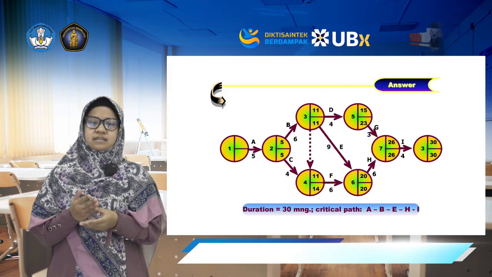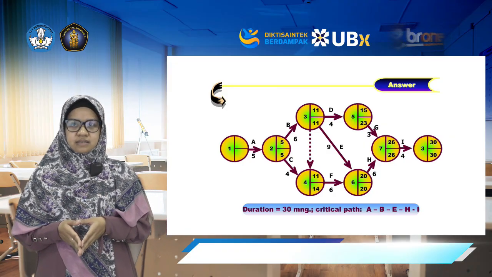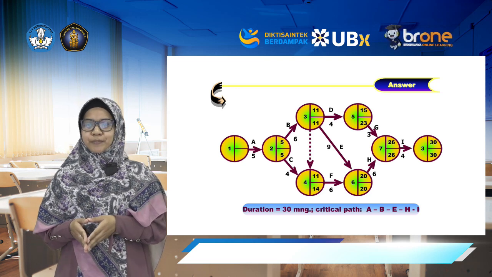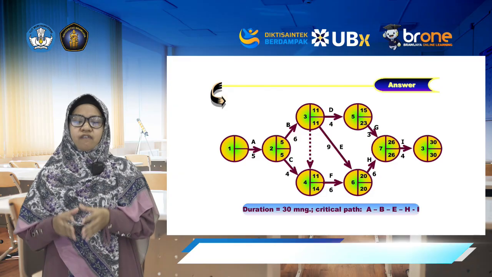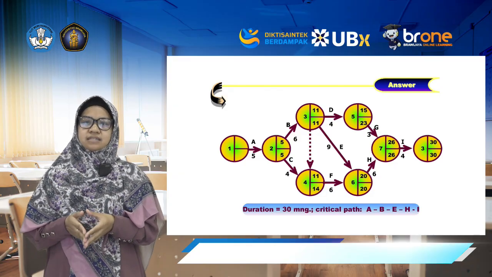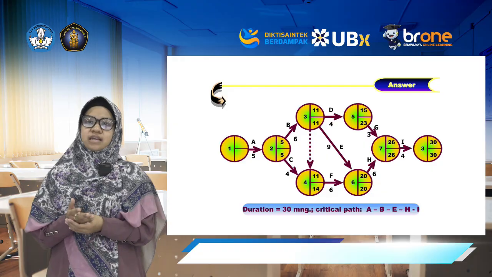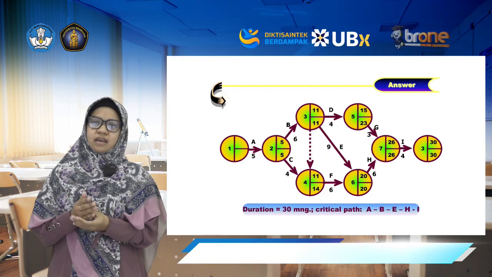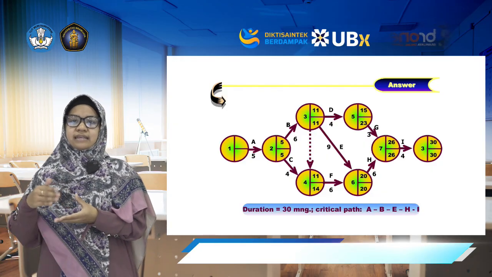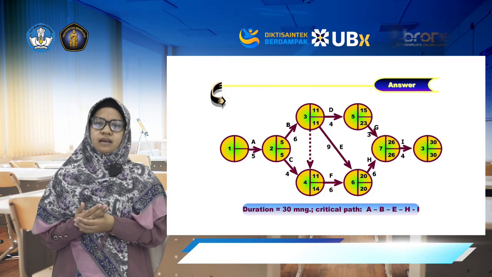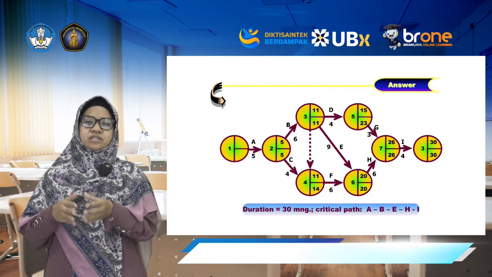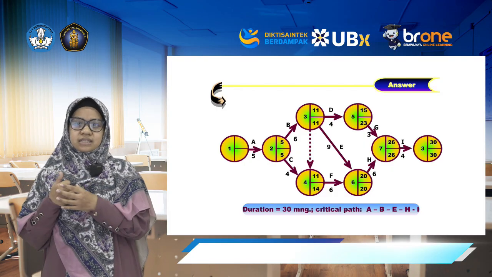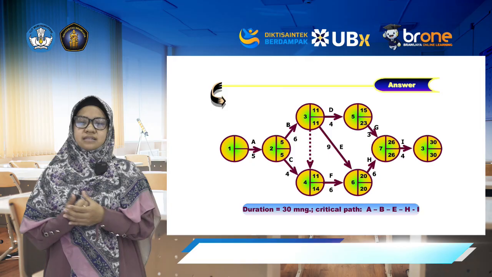Start the project at time 0 for every activity. ES, earliest start, is the maximum EF of all predecessors. EF, earliest finish, equals ES plus duration, for example along path A, B, E, H, and I. The larger EF at the final node is the earliest possible project completion time.